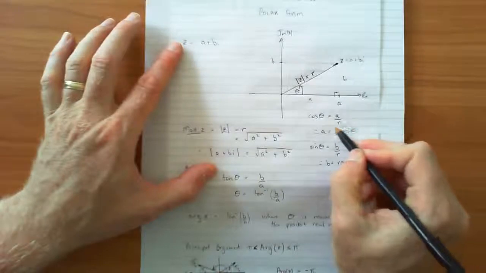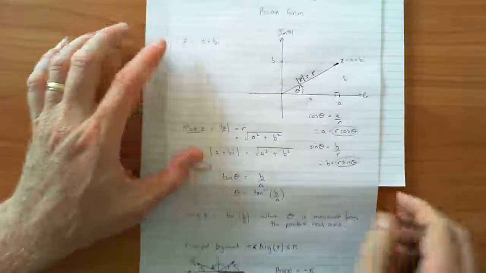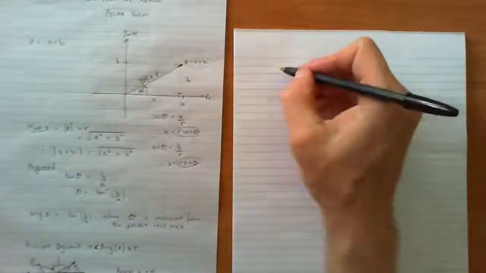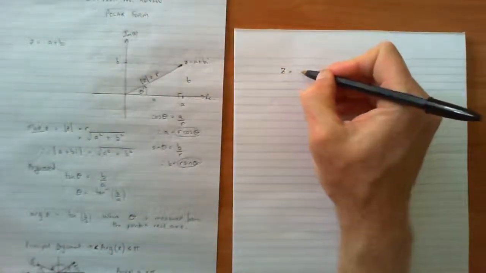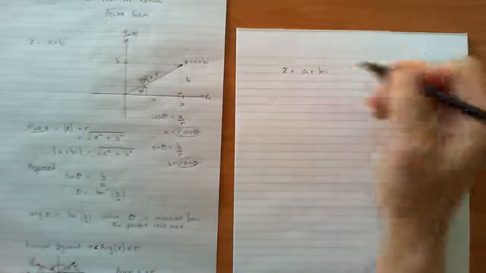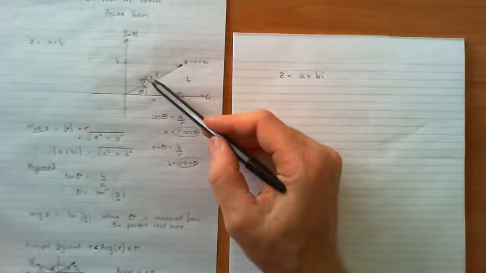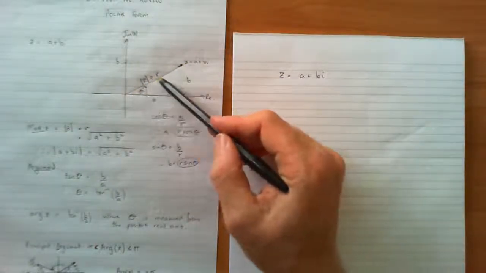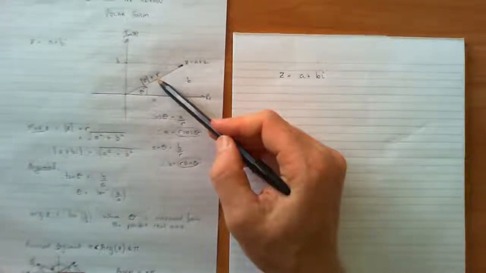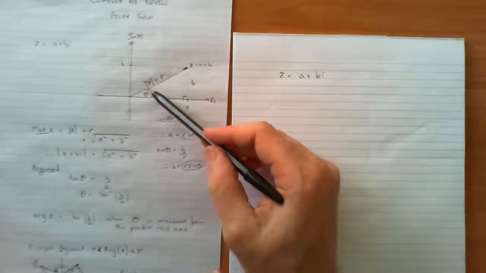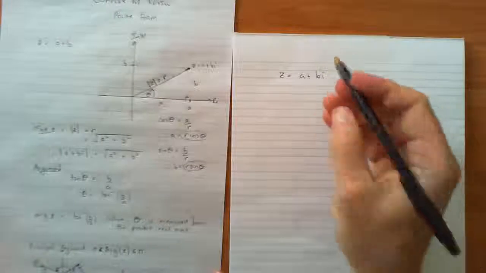Now remember these two things. I'll try and leave it there so you can see it. We know that z equals a plus bi, but we've now found both the distance from the origin, r, the modulus of the complex number, and we've found an angle.